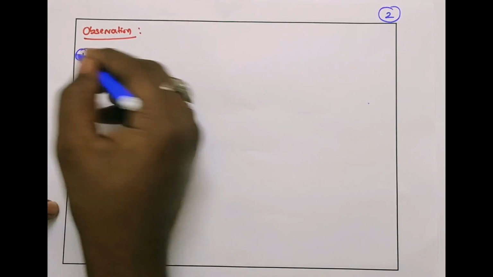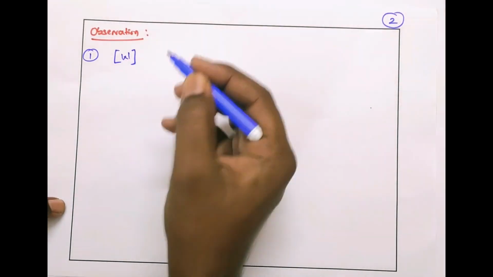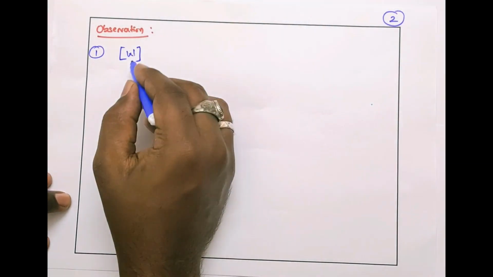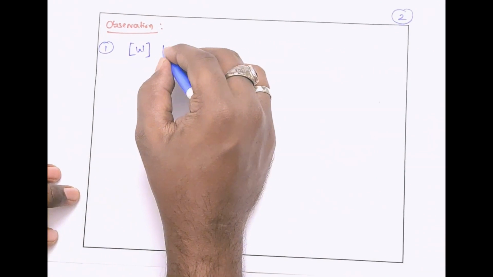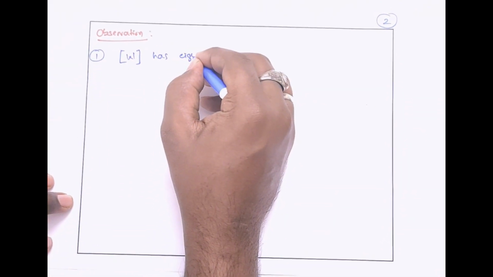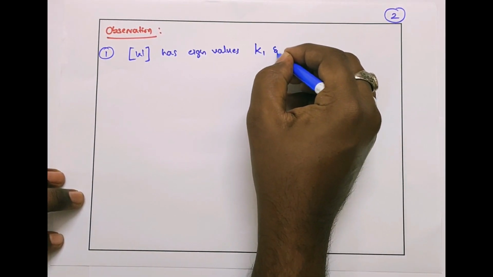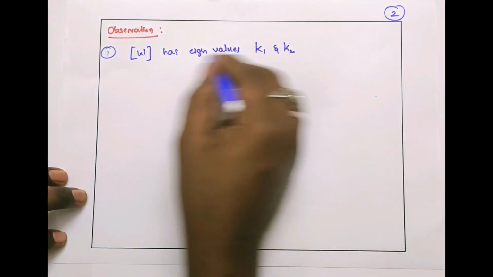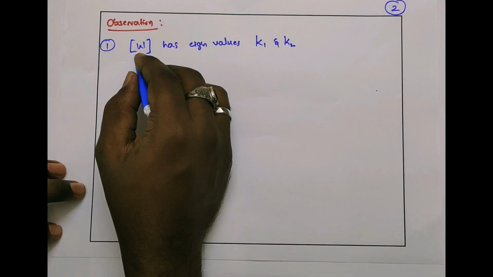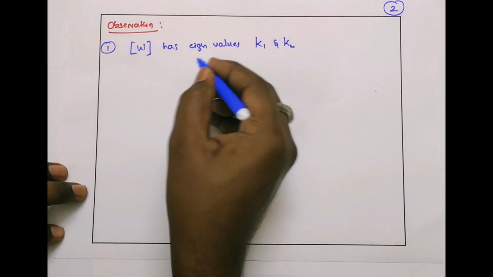The first observation is that the matrix corresponding to the Weingarten map has eigenvalues, and we know that they are nothing but our principal curvatures K1 and K2. We have already seen this. Now, given that the matrix has these eigenvalues, how do we find its determinant?